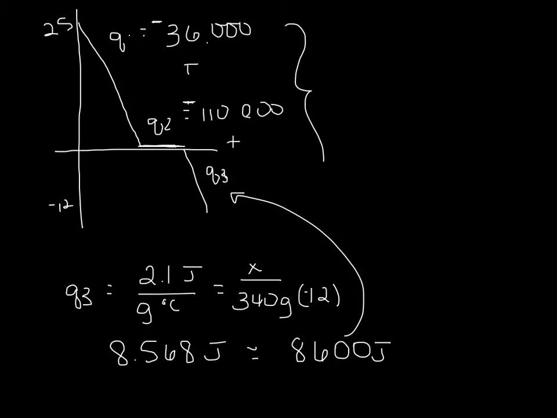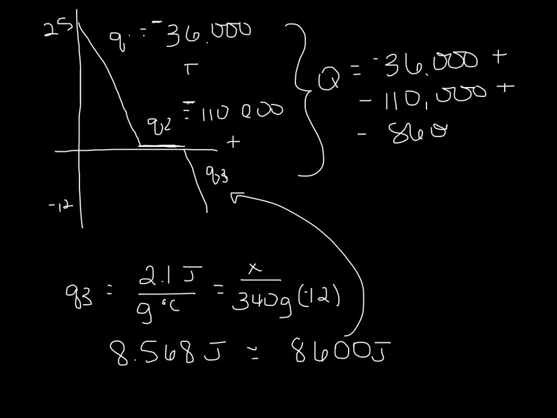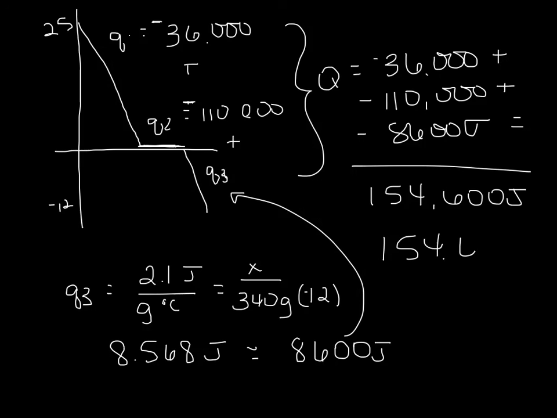So total together, this is equal to big Q. And so negative 36,000 plus negative 110,000 plus negative 8,600 joules is equal to, let's see, 154,600 joules, which in kilojoules would be 154.6 kilojoules.